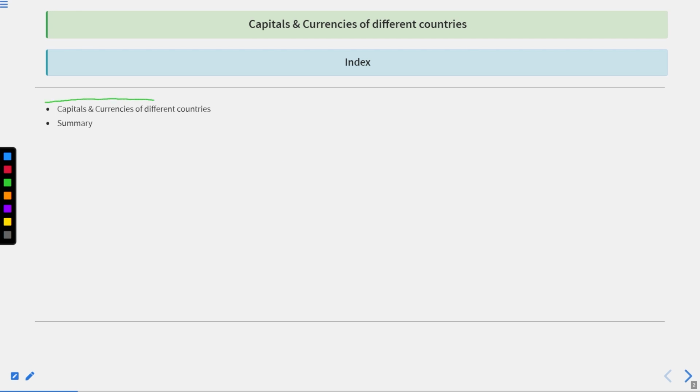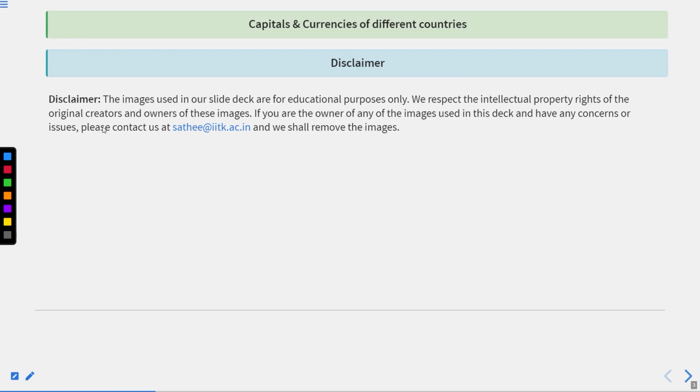We are going to start with the capitals and currency of different countries. First, we will discuss them. Second, we will discuss the summary of them. Okay. First, the capitals and currencies. Second, the summary.